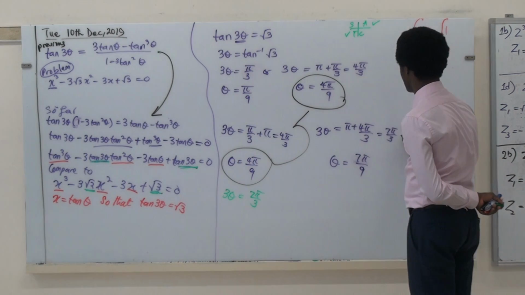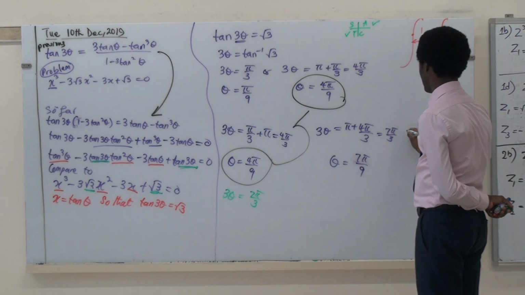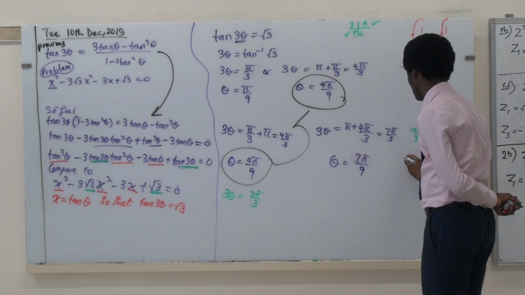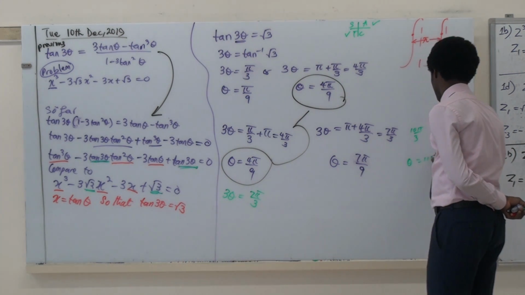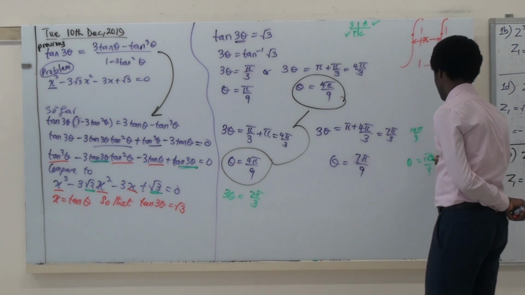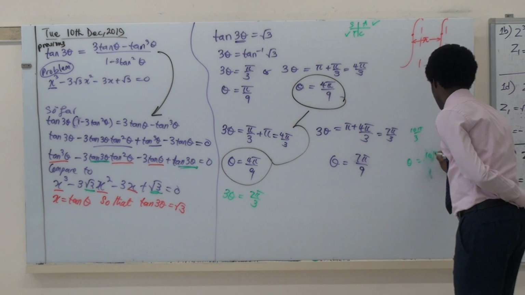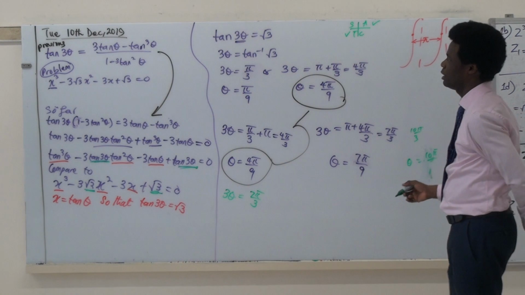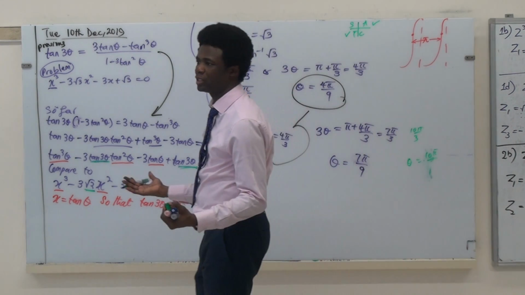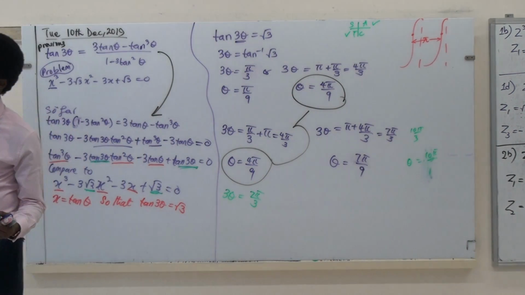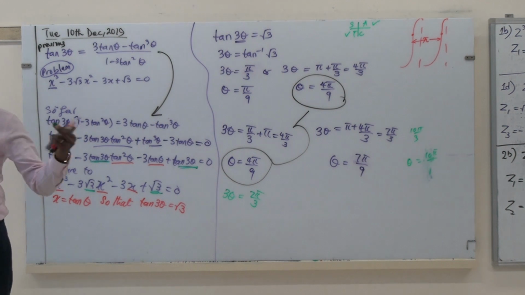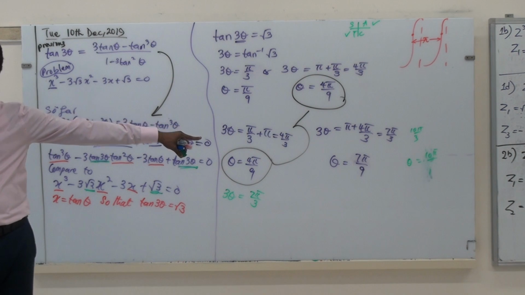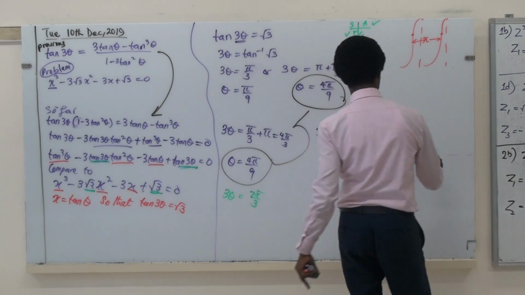If you add 1 more, what do we get? 10 pi over 3, and the result would have been 10 pi over 9. This is more than pi. And we are always saying we are dealing with arguments between pi and negative pi. So our principal argument is restricted to pi, so we cannot consider anything that goes beyond pi.